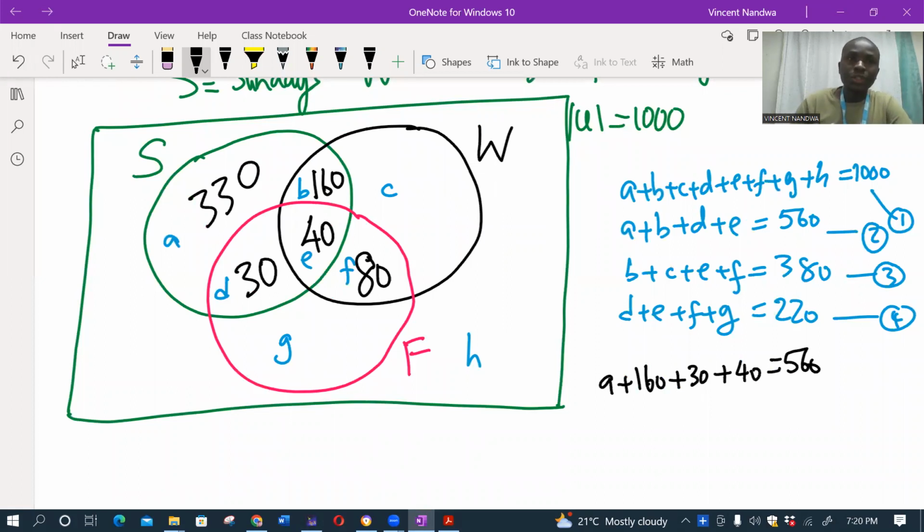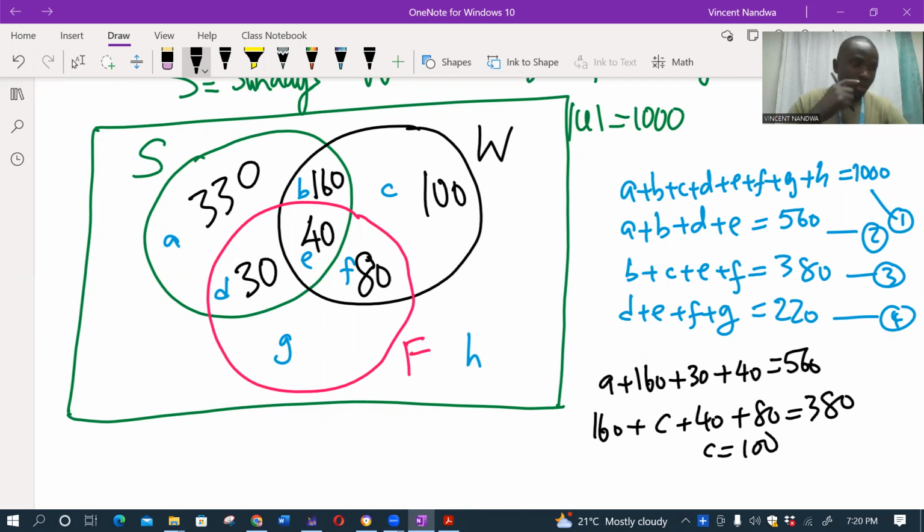And then from equation 3, B, which is 160, plus C, which is unknown, plus E, which is 40, plus F, 80, should give us a total of 380. So 160 plus 40 plus 80 is 280, and 380 minus 280 is 100. So C is 100. Fill 100 at this point.